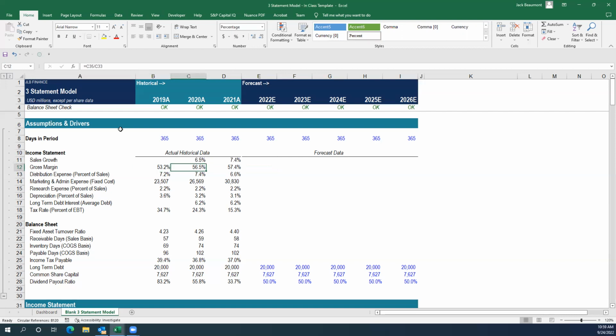It's going from 53 to 56, 57, and even though this isn't the same, it is quite stable. You would hope that over the years, the company is becoming more efficient, and so some of these margins are getting better. So the top-down approach is exactly that.